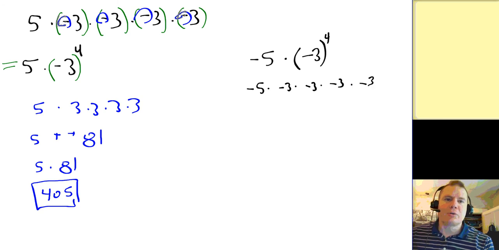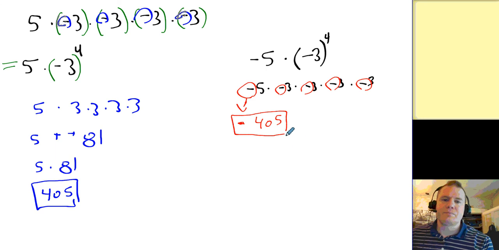If I'm circling all my negatives, positive, positive, negative. That's going to give me -405. We have to pay attention to how many negatives there are within this term, not just how many are actually written in its original form.